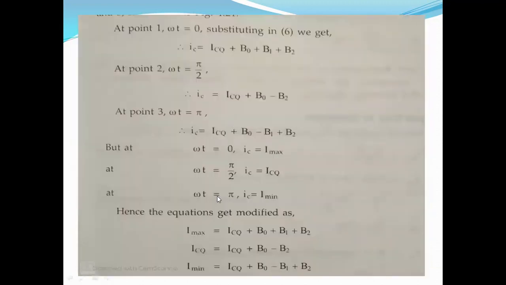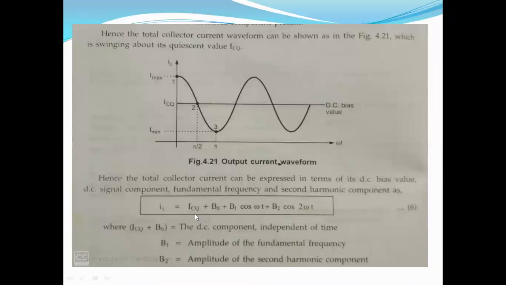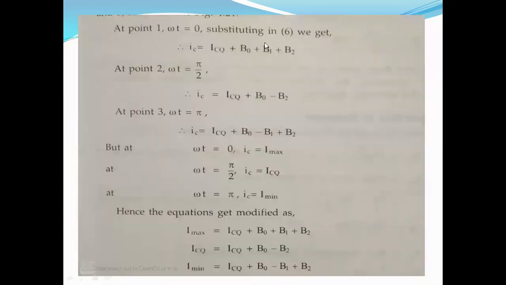Because cos 0 is 1, IC is equal to ICQ plus B0 plus B1 plus B2. Consider this as the first equation.